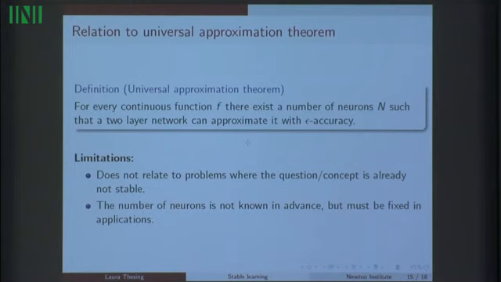But this also shows you that if your underlying labeling function isn't smooth, then this won't help you. And another concern we usually have is that you need to fix your number of neurons in advance, so it's usually difficult in applications to get that through.